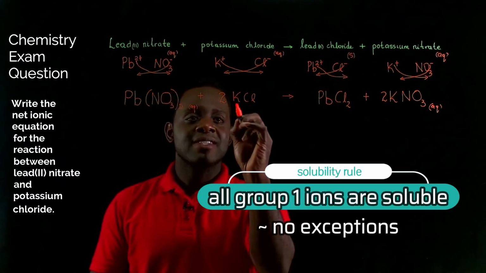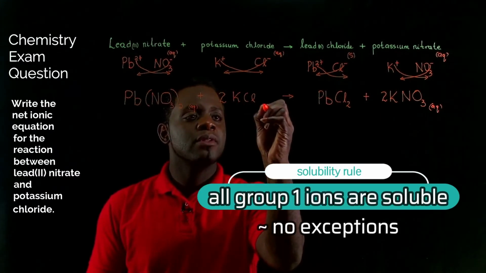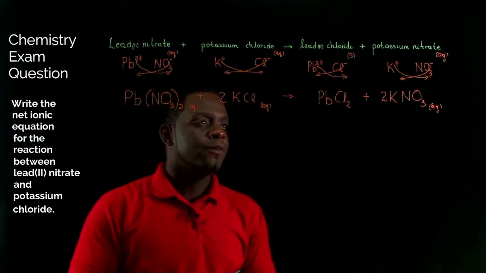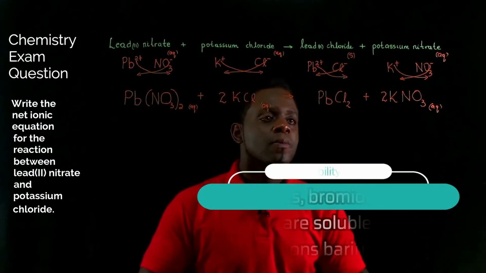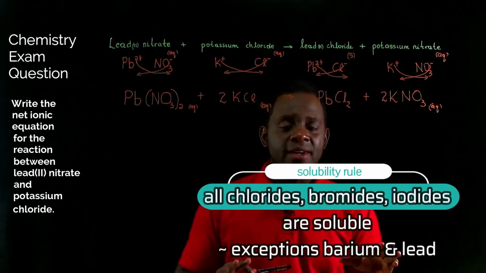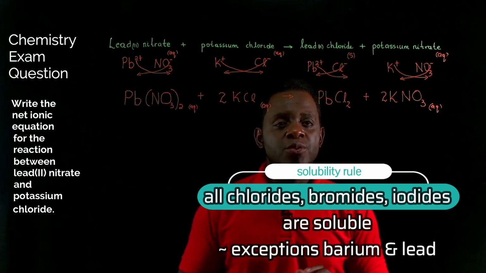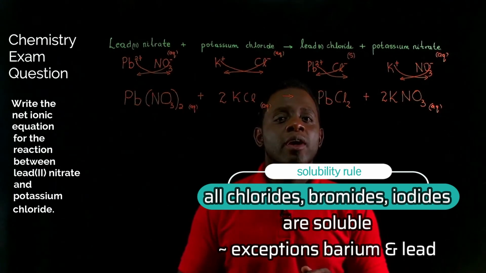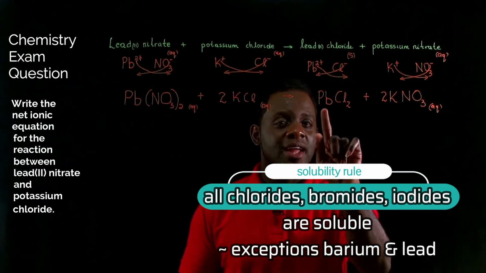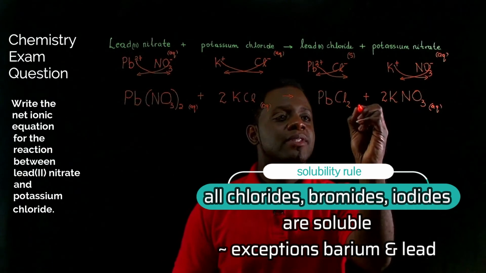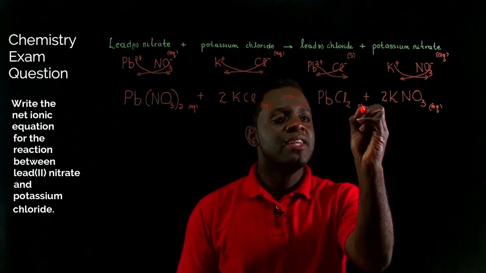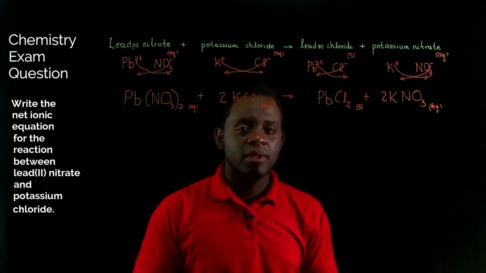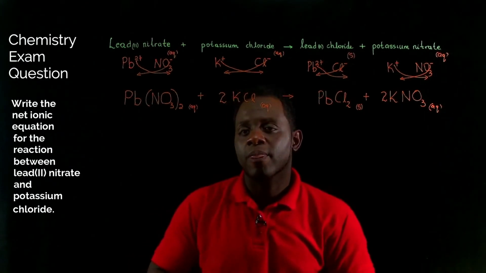All potassium compounds are also soluble, so aqueous again. And now for our chlorides. Chlorides, bromides, iodides, based on the solubility rule, are soluble except for barium and lead. So we put an S here to indicate that lead 2 chloride is insoluble in aqueous solution.